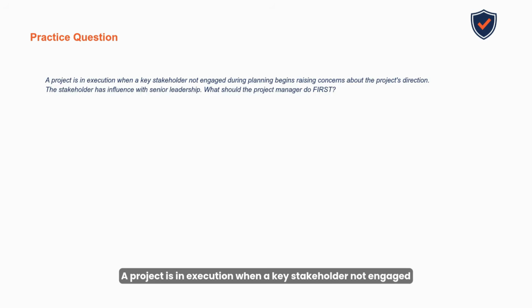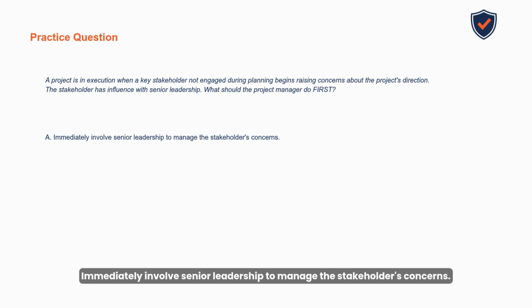Question: a project is in execution when a key stakeholder not engaged during planning begins raising concerns about the project's direction. The stakeholder has influence with senior leadership. What should the project manager do first? Option A: immediately involve senior leadership to manage the stakeholder's concerns.